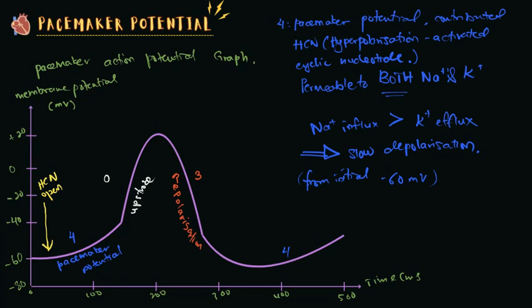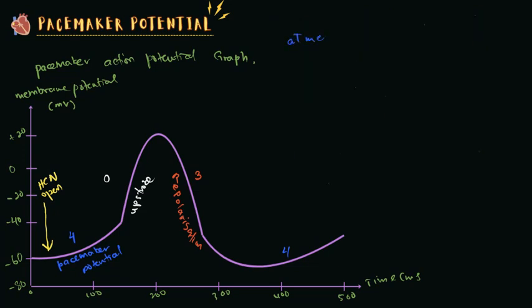Sodium goes into the cell contributing to positivity, more than the positive going out. So the depolarization is maintained at a very slow pace from an initial of minus 60. You can see on the graph the yellow colored arrow shows the hyperpolarization activated cyclic nucleotide activating at minus 60.